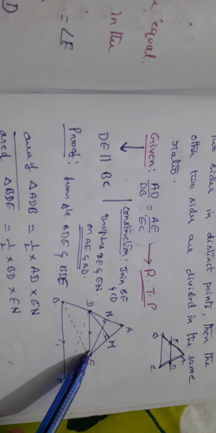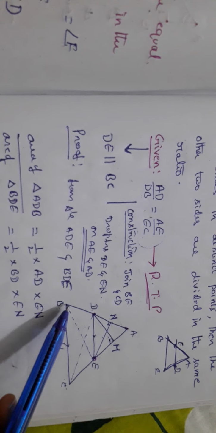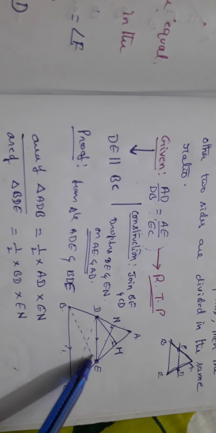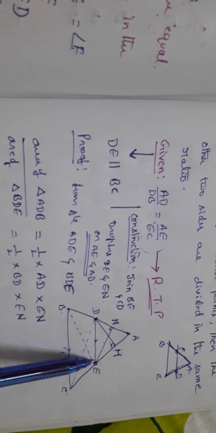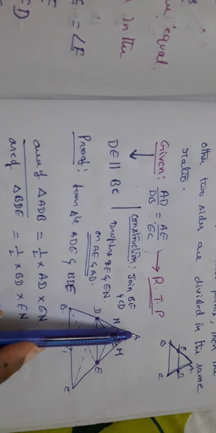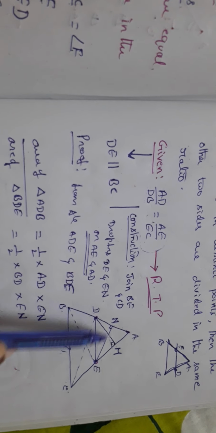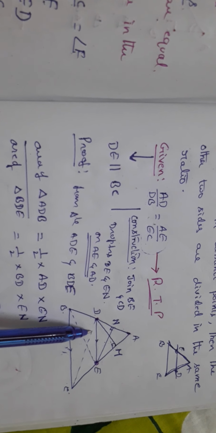And now I'll tell you one more point. If I take the triangle DBE, observe what will become the height. This only will become the height. See, you have to extend the base, drop a perpendicular onto the base. That gives you the height of the triangle. It is not necessary that the altitude always lies inside the triangle.